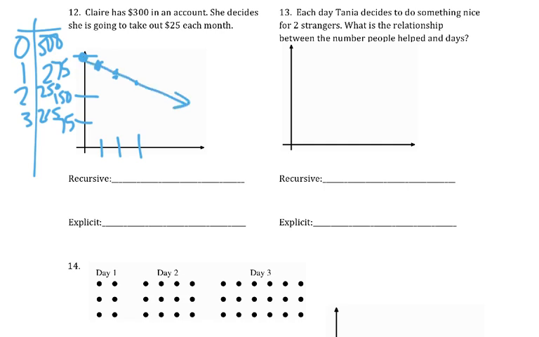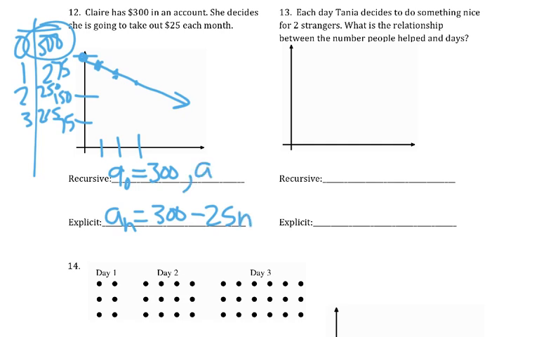And it looks something like that. Starting number 300, a sub 0 equals 300. Okay. A sub n for explicit equals 300. She's subtracting 25 each time, so we get minus 25n for the explicit, and a sub n equals a sub n minus 1 minus 25.